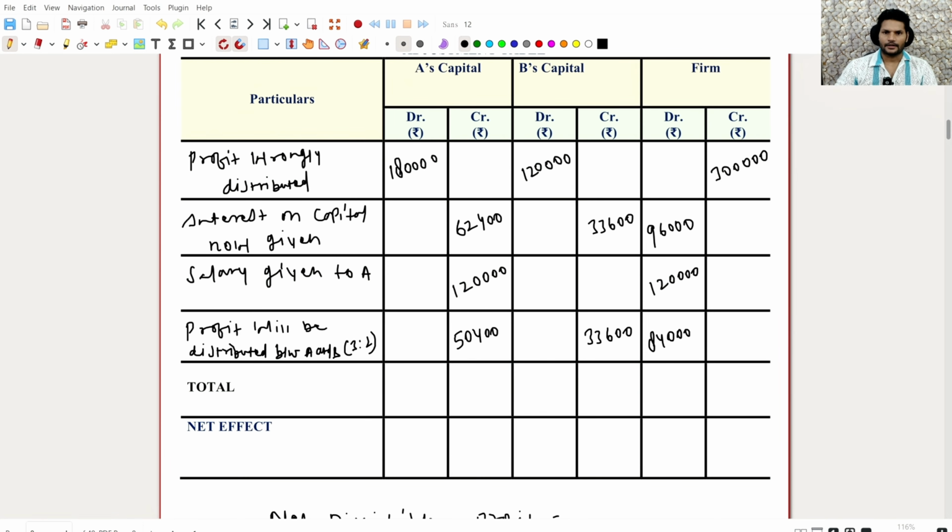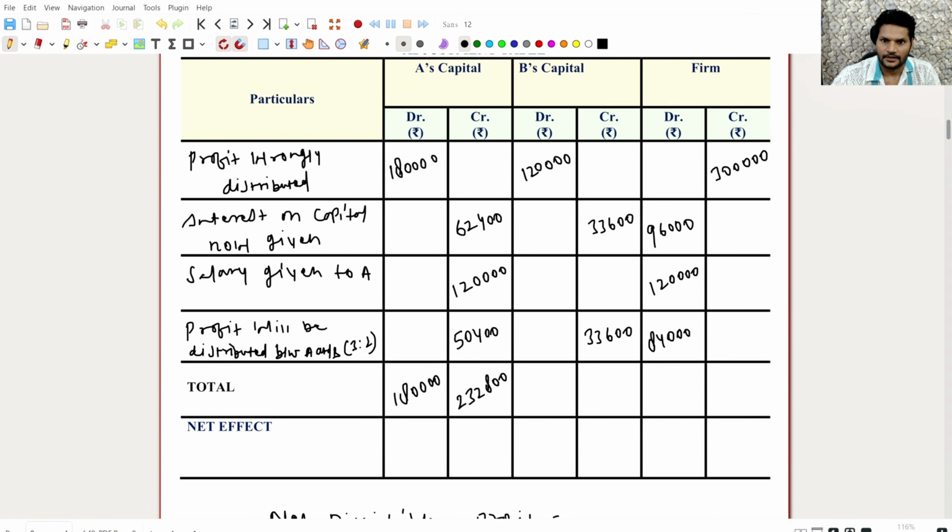Good. So finally, we have put all the amounts into the adjustment table. Now we need to calculate the total of each column, that is debit and credit. So what is the total of A's capital debit side? That is 180,000. And what is the total of credit side? This is 2,32,800.